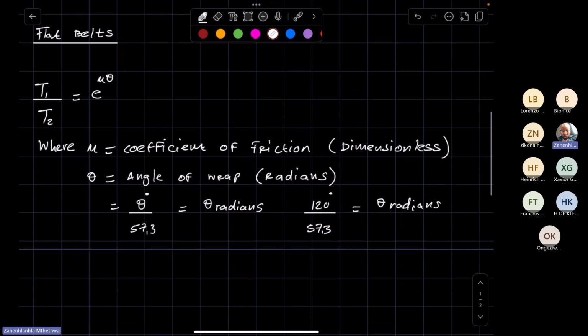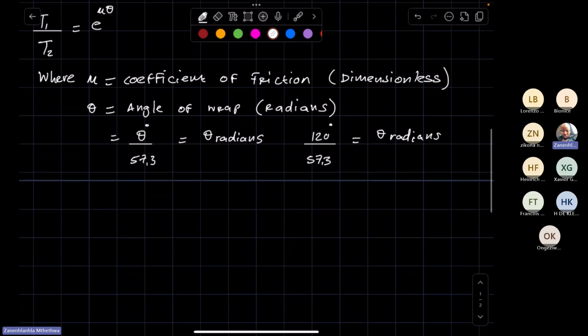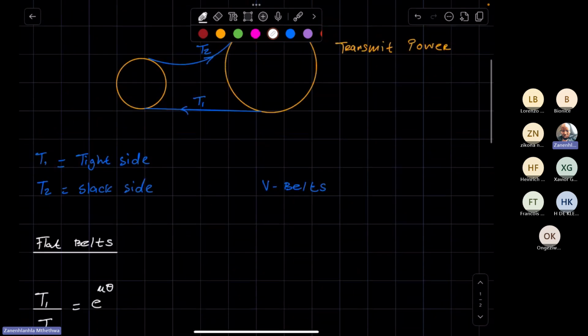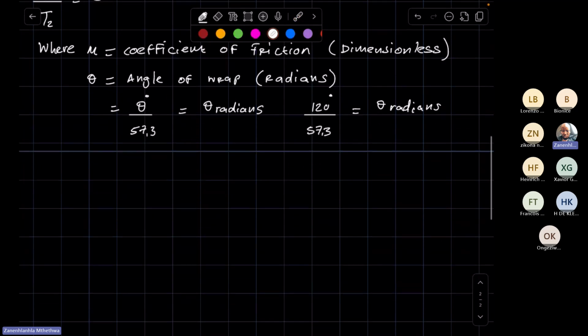Now, let me jump into how we calculate the power. Remember, I said all mechanical drives are used to transmit power, including belt drives. So we use belt drives to essentially transmit power from one shaft to the next, through the use of pulleys.